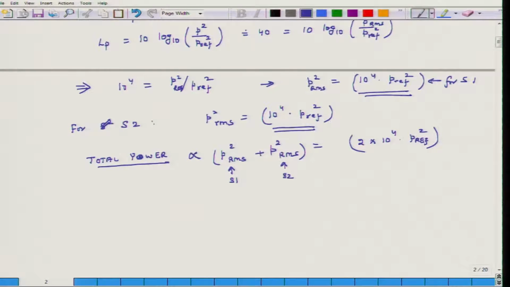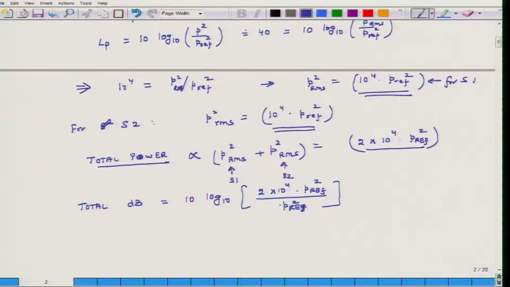So, if that is the case, then my total dB is equal to 10 log10 of, and then I put this number in, 2 times 10 to the power of 4 times P ref square divided by P ref square.